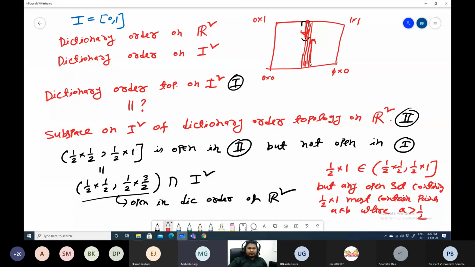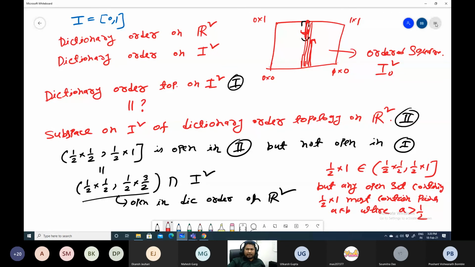Sir, if it had been the open interval (0, 1), then they would have been the same, no? In that case they will be the same. Okay. But this has a special name. This type of set is actually called the ordered square, also denoted by I to O, where O means ordered square.